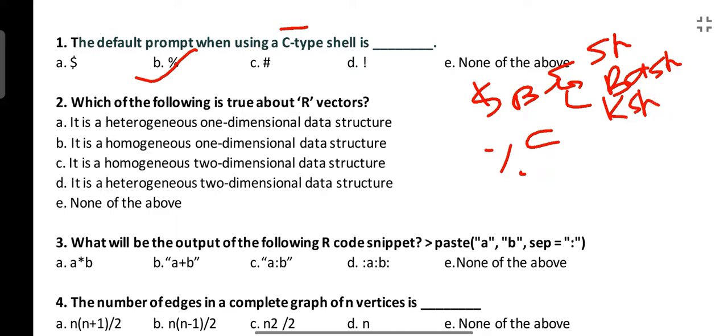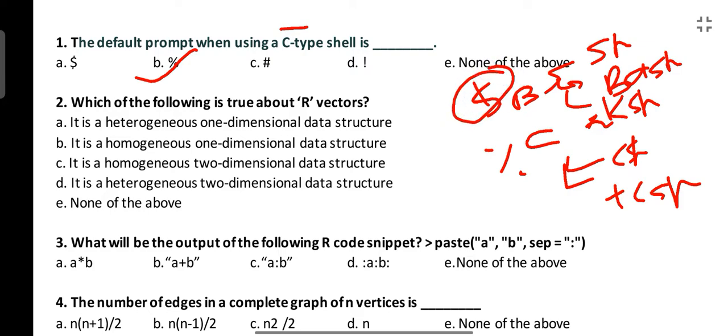Similarly, C also has different types like C shell which uses CSH and TC shell which uses TCSH. If you have studied shell thoroughly, you should know this. If it asks for C type, you have to mark percentage. If sometime it asks for K shell, it will not give you Bourne shell, it will give you K shell. Then also you have to mark dollar only.